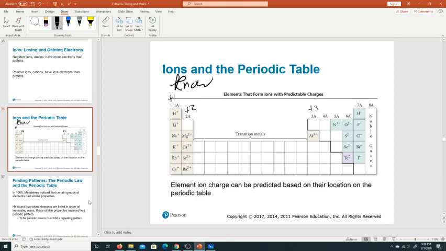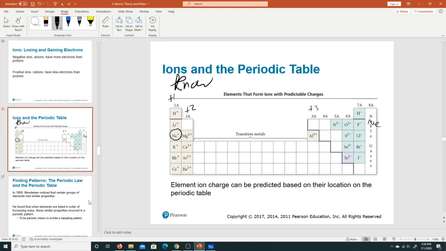Now the idea here is they're all trying to look like a noble gas. So the group 8 elements have a full number of valence electrons. If sodium lost an electron, it would have a similar electron arrangement compared to neon. Neon's right here. If you take one away from sodium, it's going to look like neon.